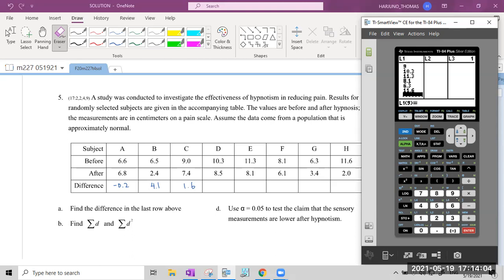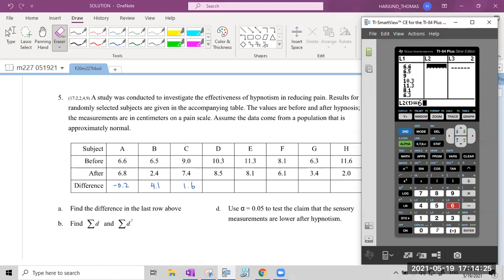Am I skipping anything? Let me check. So the first one is 6.6, 6.5, 9.0, 10.3, 11.3, 8.1, 6.3, 11.6. So there are 8 data for the first row, before.